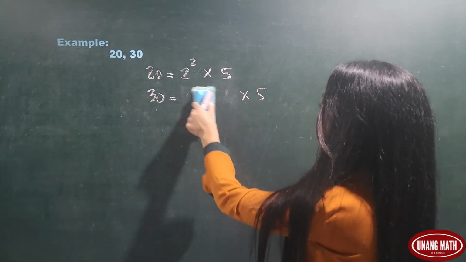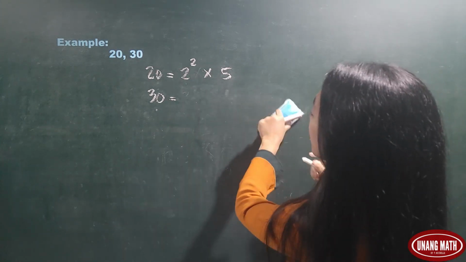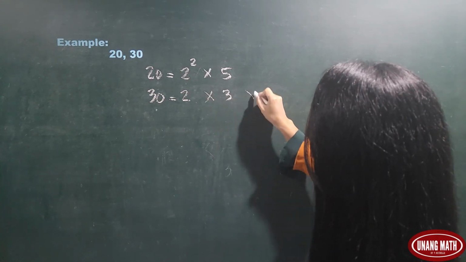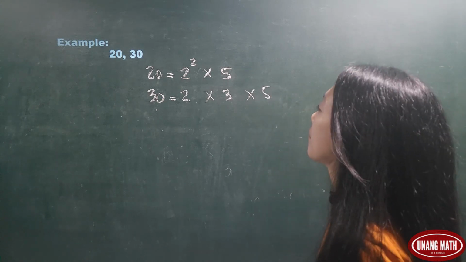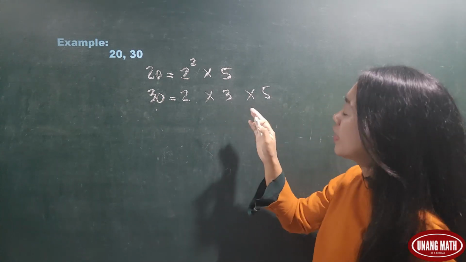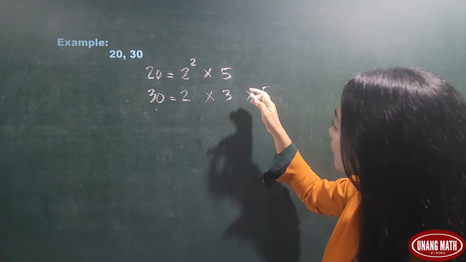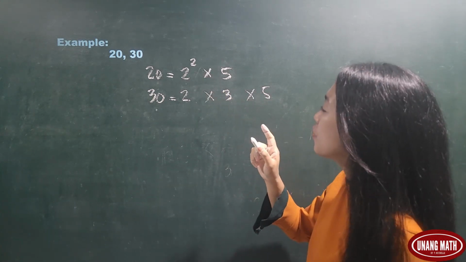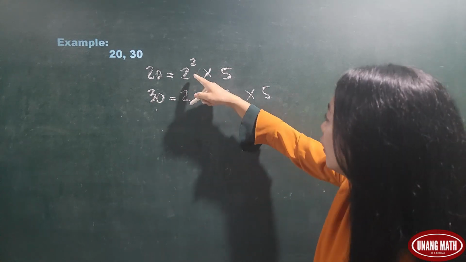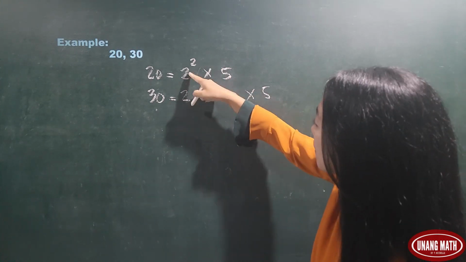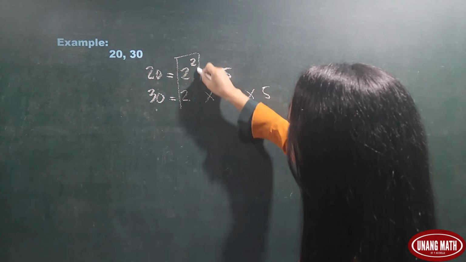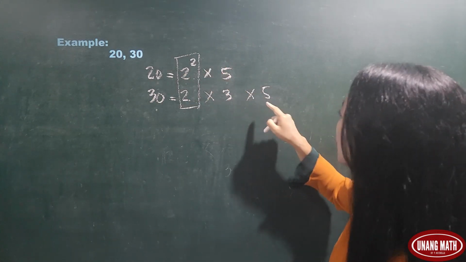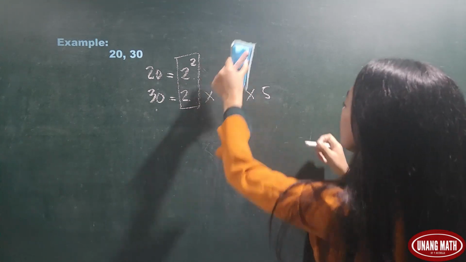Or let's arrange these numbers from smallest to largest. So 2 times 3 times 5. Now we need to write the prime factorizations of these numbers by aligning those with the same base. 2 squared and 2 have the same base 2, and these numbers are aligned. 5 must be aligned to 5, so let's move this one here.